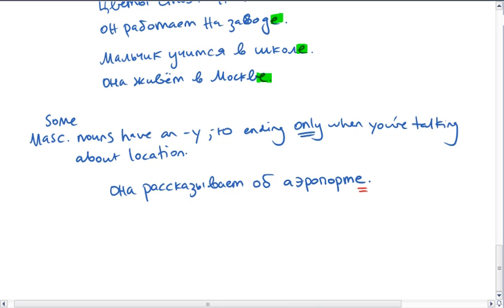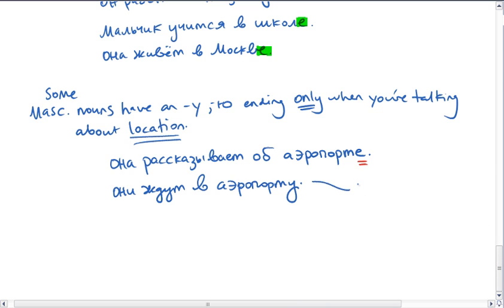But if we're talking about a location in the airport, we're going to have this funky у ending. Они ждут в аэропорту. So only when we're talking about location. This prepositional ending is different.